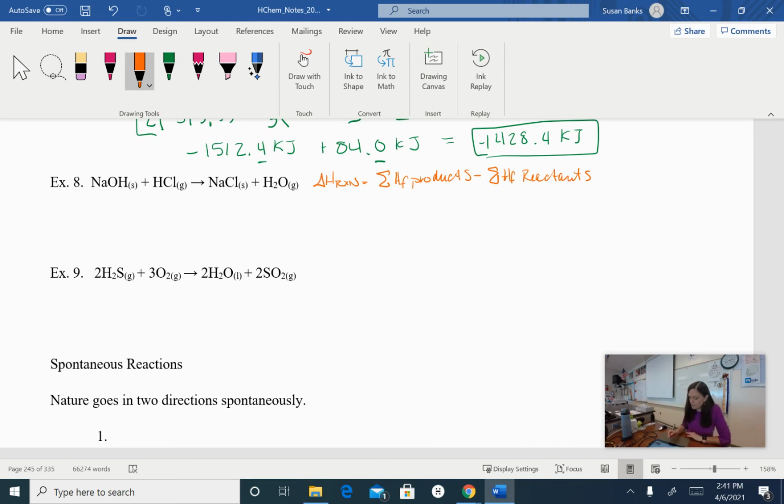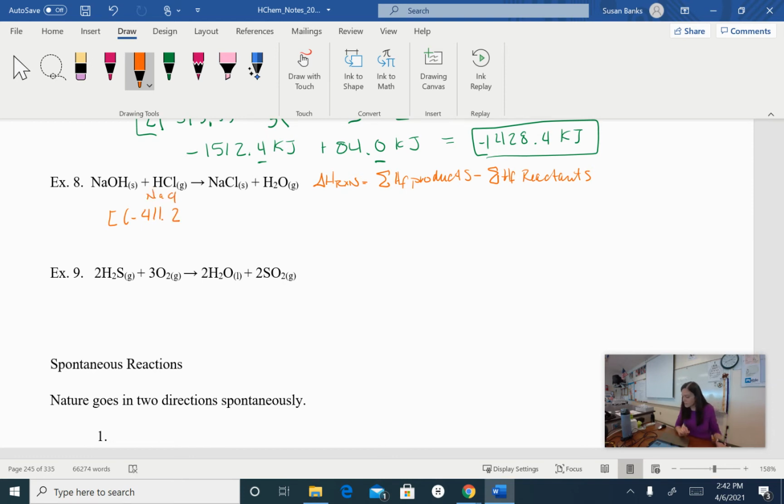So we've got sodium chloride in the solid. If I look at my table, I have negative 411.2 for my sodium chloride.